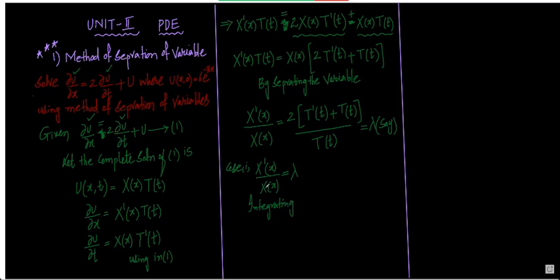You remember this formula? f dash of x by f of x, so how to write it? Log of f of x. The f of x value is x here, is equal to, here lambda is a constant.